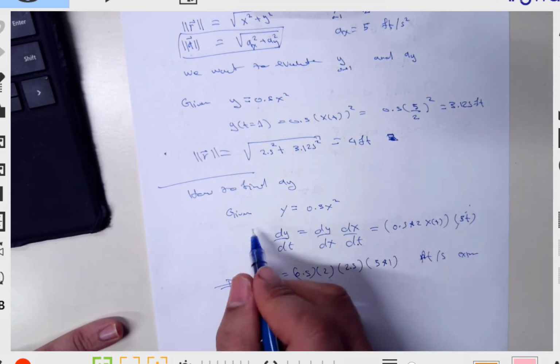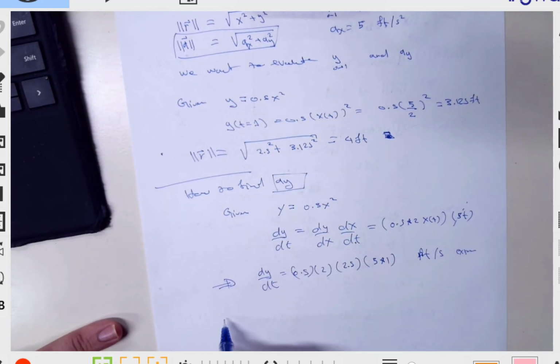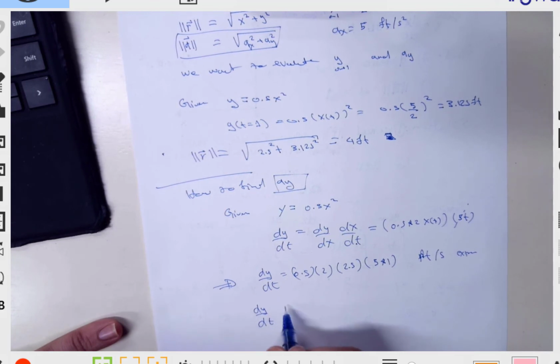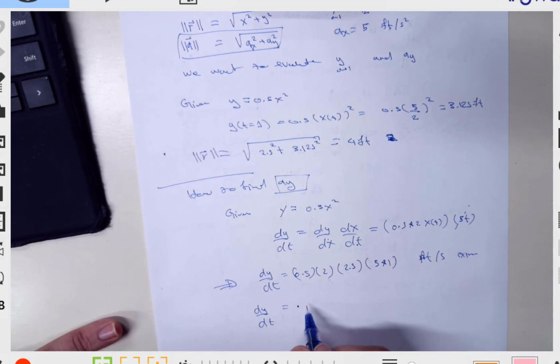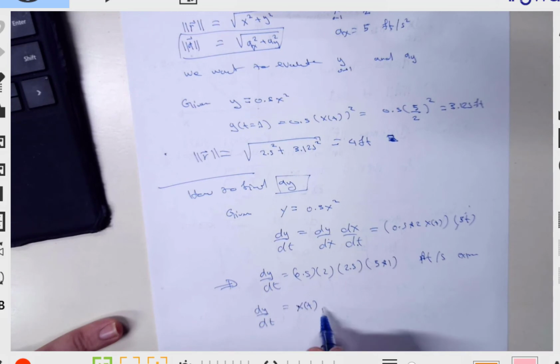But anyway, going back to our goal, how to find ay. So what did we get from all of that? We got that dy over dt is equal to simply 0.5 times 2, which is 1, times x of t, times dx over dt, which is x dot.